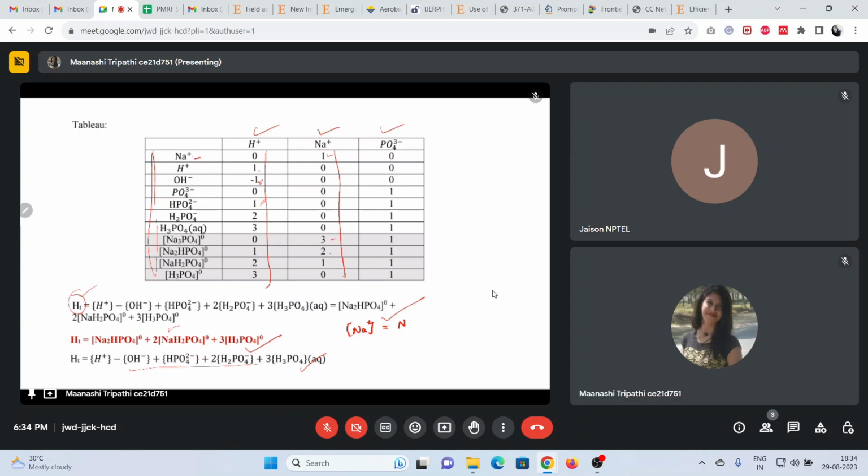Because this is a dilute solution. In all these acid-base problems, since the concentration is very low, we will consider them as dilute solutions. Plus 3 into Na3.